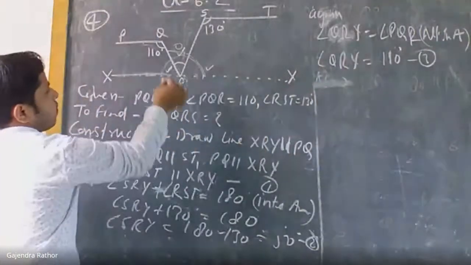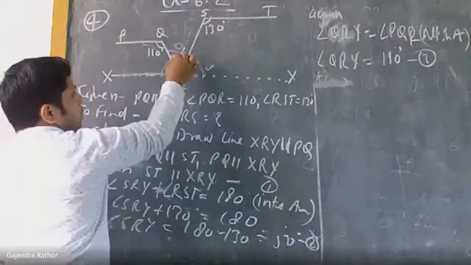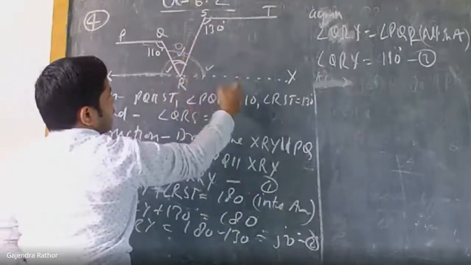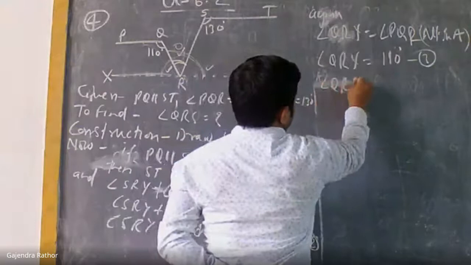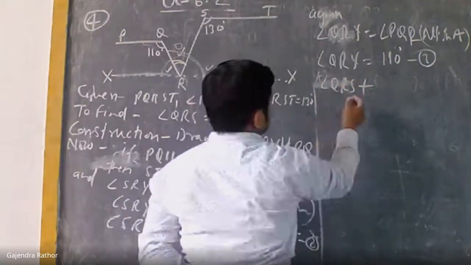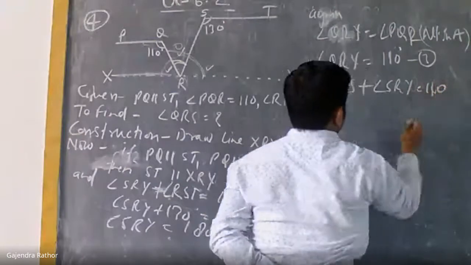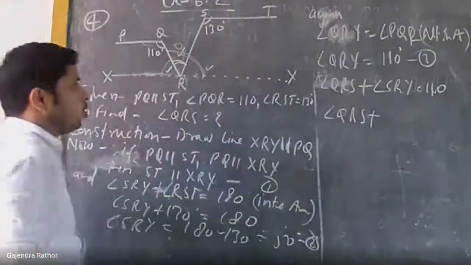Sorry, QRY is the sum of two angles. First QRS and second SRY. So we can split QRY as QRS plus SRY, which is equal to 110. What is the value of SRY?